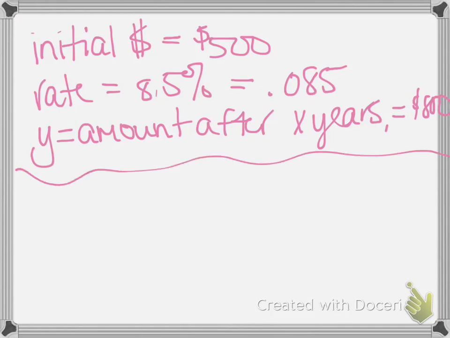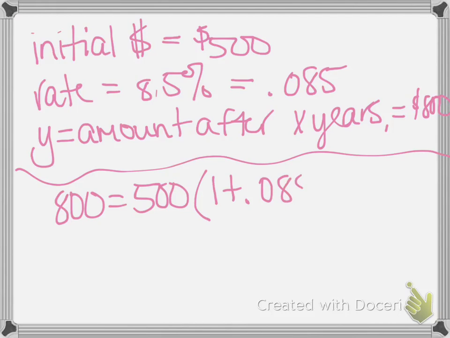So the equation is $800 equals my initial investment times 1 plus my percentage rate to some x power, and this is what I'm looking for. How much time is this going to take until my money ends up being $800?